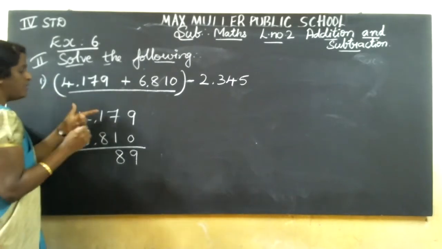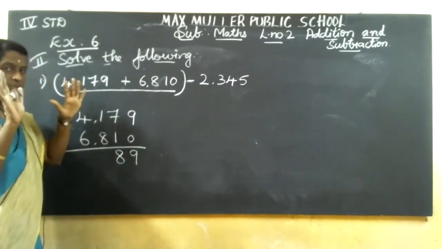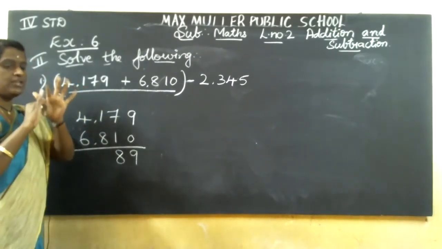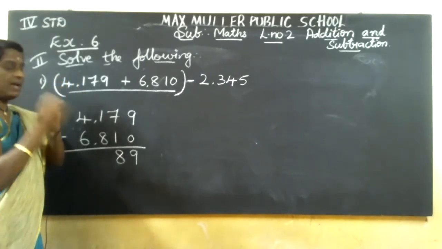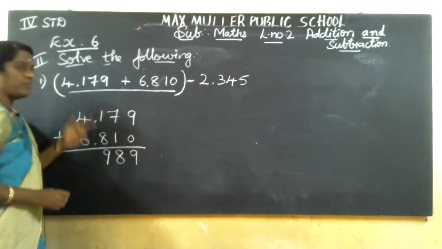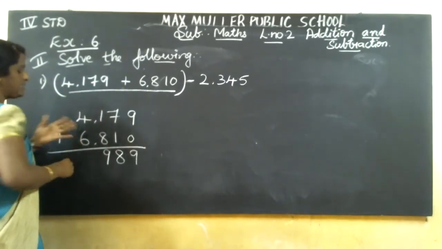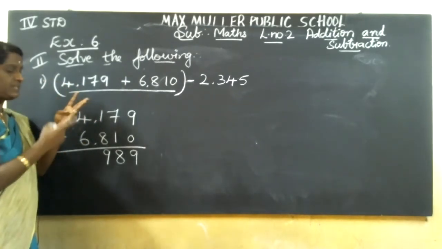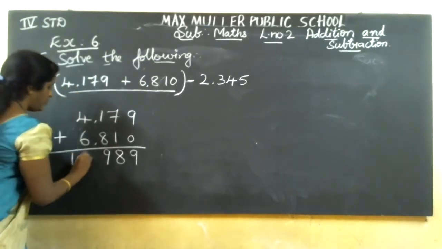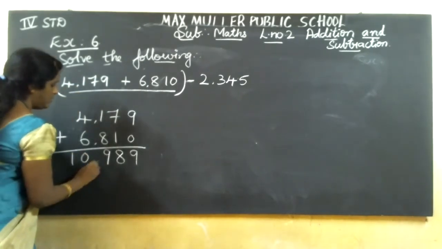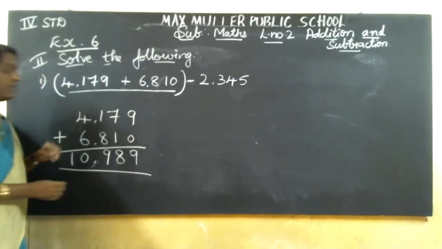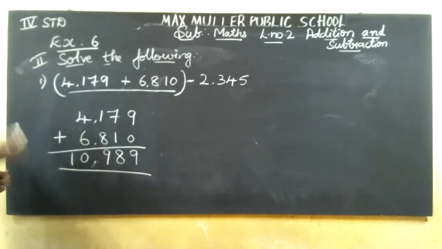You should count. 1 plus 8, 1 in the mind, 8 on my finger, after 1, 2, 3, 4, 5, 6, 7, 8, 9. So you can take bigger numbers: 8 in the mind, 1 on my finger, after 8, 9. 4 plus 6, 6 in the mind, 4 on my finger, after 6, 7, 8, 9, 10. So you got 10,989.